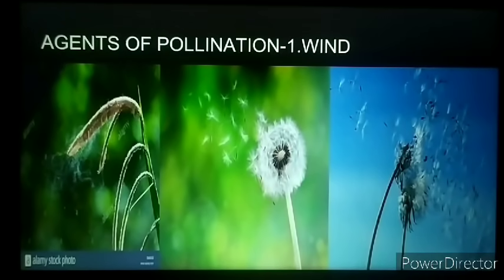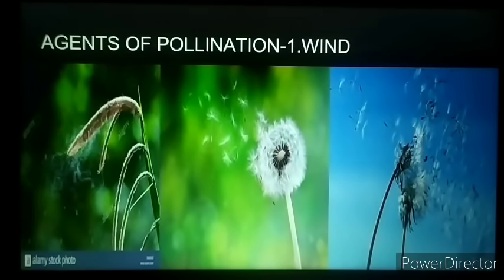These plants have the following characteristics. The flowers are small, not brightly colored. As you can see in the module, no flower is showing any attractive color. They do not produce nectar, and they do not have any smell too. So that means insects will not come in contact with them.